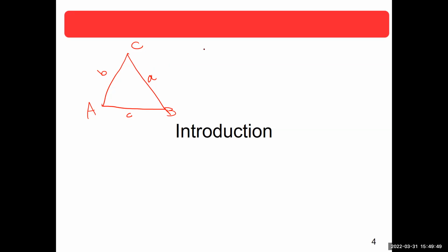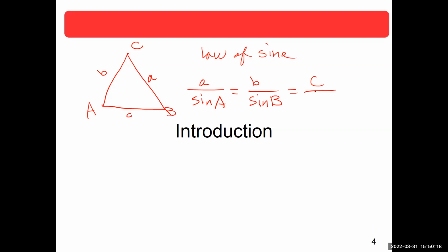That's what we're going to introduce: the law of sines. The law of sines says a over sine of angle A equals b over sine of B equals c over sine of C. That's called the law of sines.